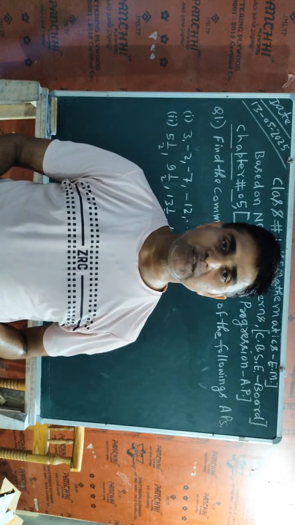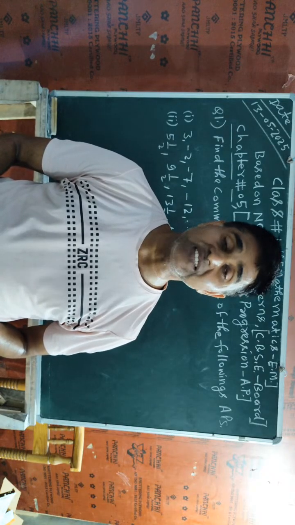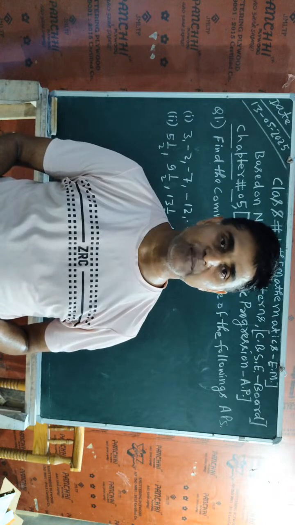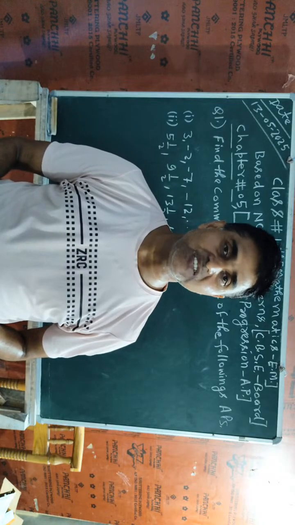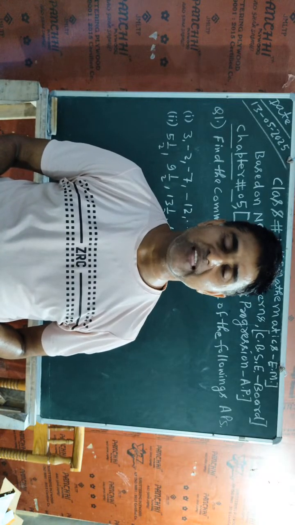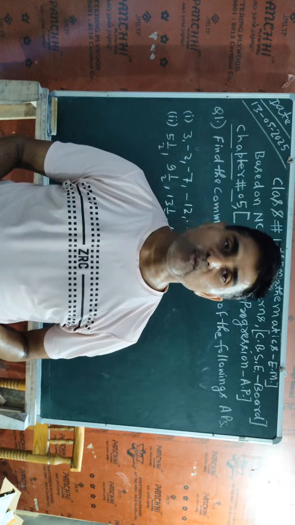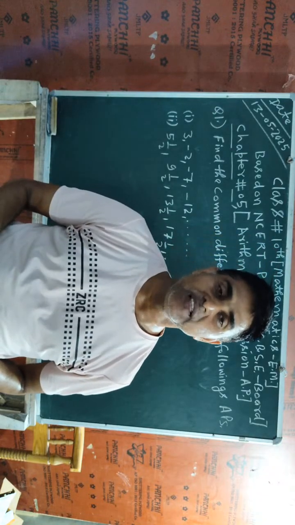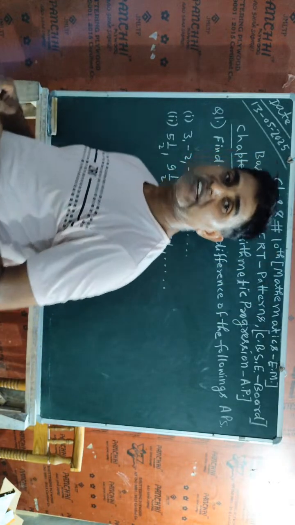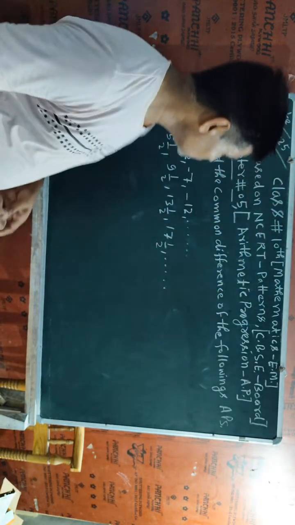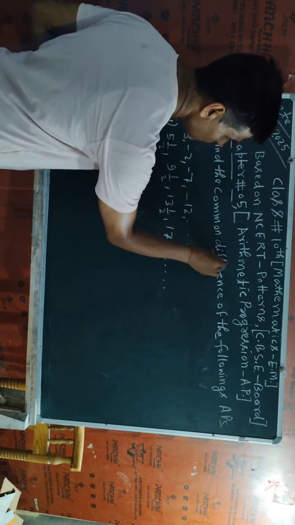The subject is mathematics, class 10th English medium, and we will explain according to the NCERT pattern, that is the CBSE board. Concentrate on this video from start to end to develop good knowledge on this topic.